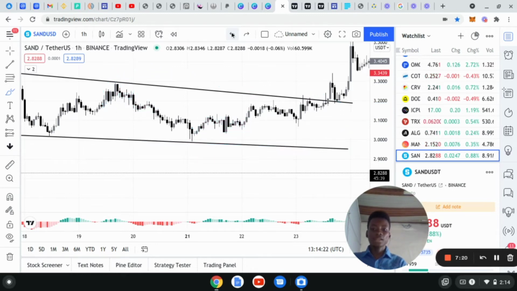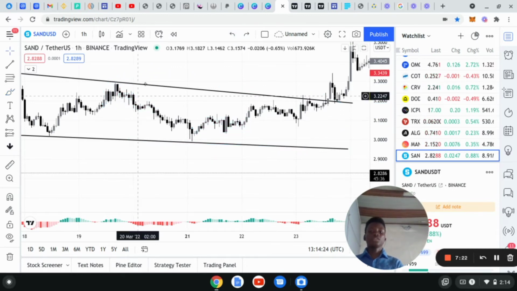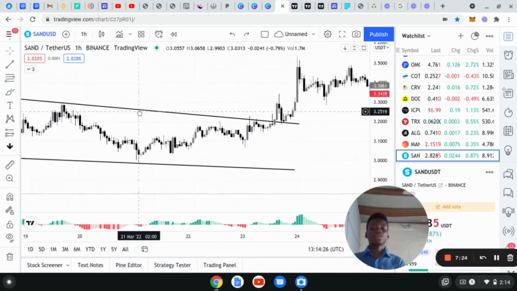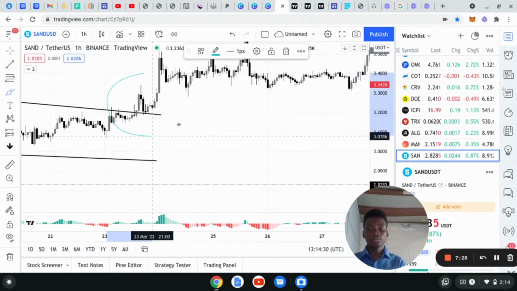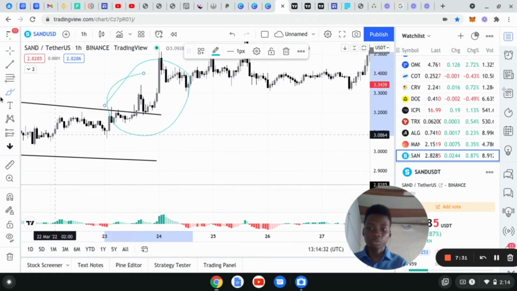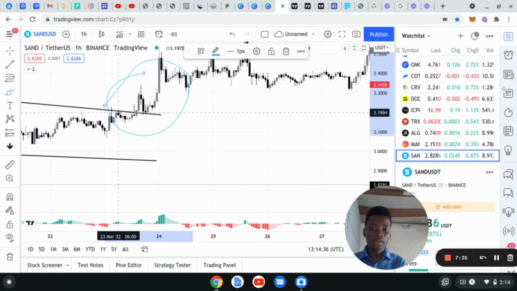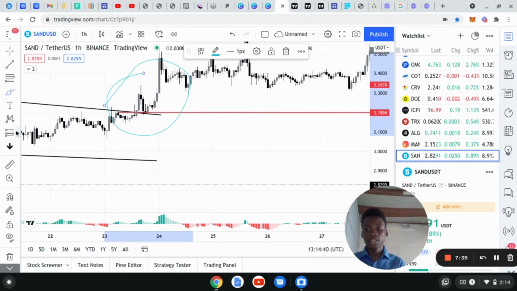I prefer to wait for the break of the trend line and a retest, just like we had over here now. So price was trading within the channel and it finally broke out. So I wait for previous high, which was around here, to get tested, and bam, it got tested.